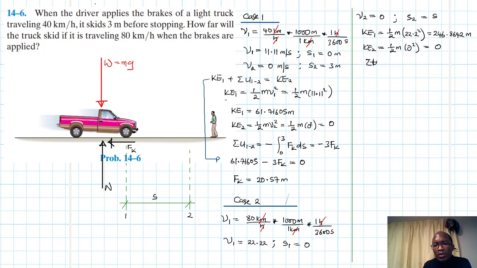And then the summation of total work is equal to the integral from 0 to s of 20.57 m ds, and this is negative also, so we get minus 20.57 m s.